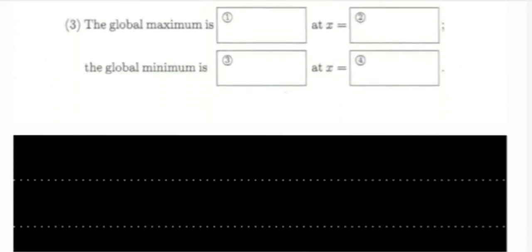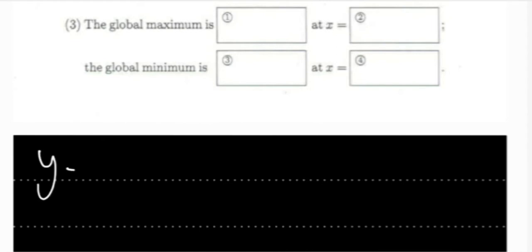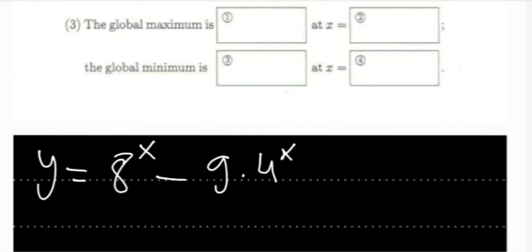Let's start solving it. So, the function that he gave you is y equal to 8 to the x power minus 9 multiplied by 4 to the x power plus 15 multiplied by 2 to the x power.